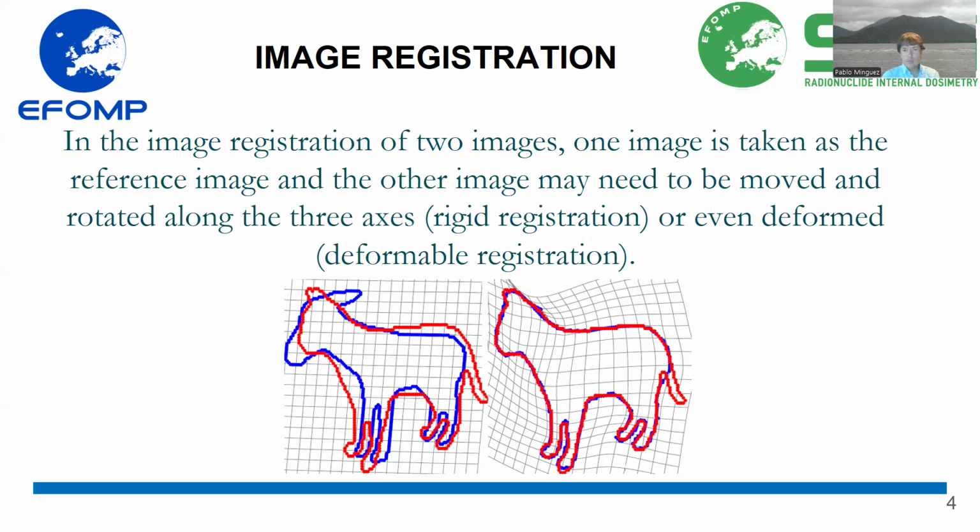Deformable registration will be more complex than rigid registration, but that doesn't mean that we are going to obtain better results. Sometimes we could use deformable registration for calculations, for instance, and rigid registration to segment volumes or to visualize the different images.